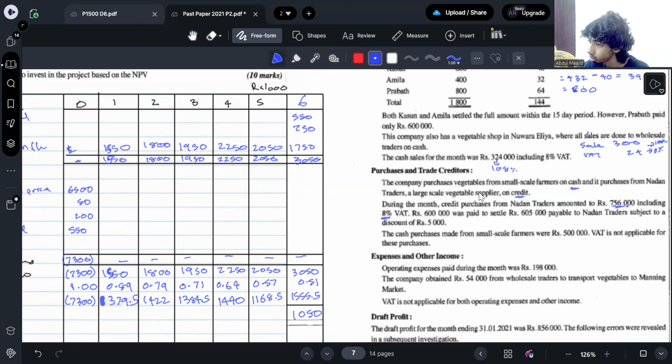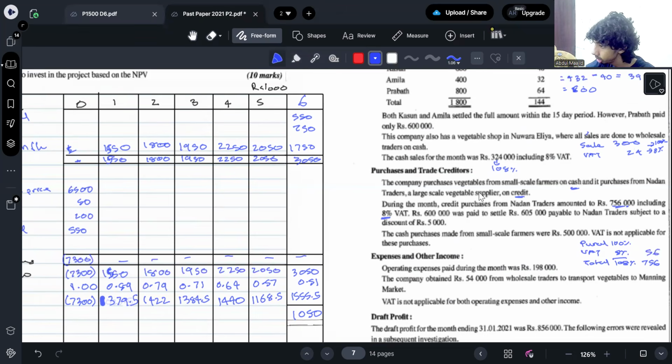So how much will be the VAT on this credit purchase? So purchase plus VAT will give you the total amount including VAT. So purchase will be 100% because VAT is calculated on the purchase value. VAT is 8%, then the total will be 108%. They have given the amount including VAT as 756. So 756 divided by 108 into 8, that is 56.